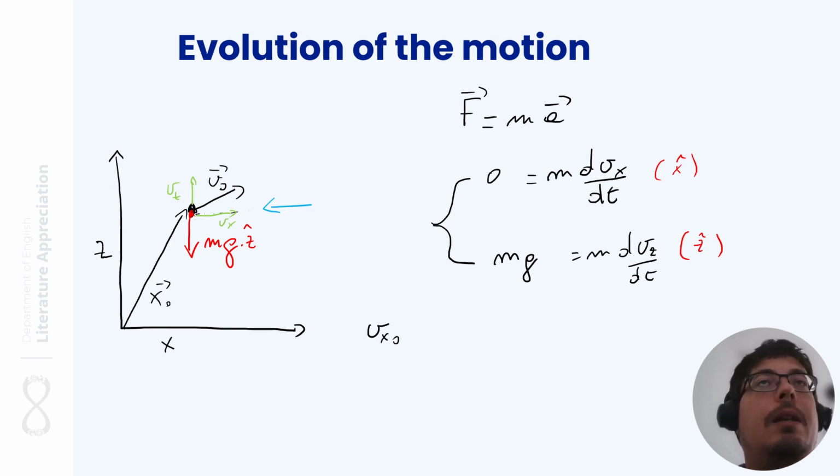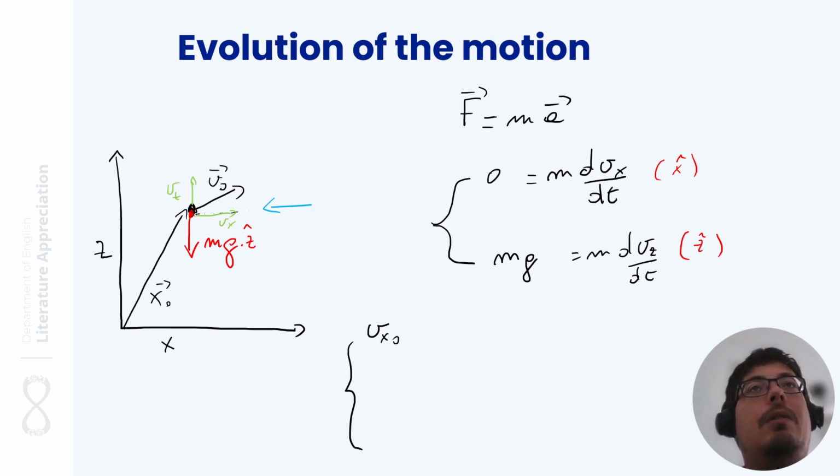As I said, if the derivative is 0, we can say the velocity is constant, equal to the initial velocity. So in the x direction, the motion is Vx0, and this is the solution. We could do the integral and solve the differential equation, but we can solve this one quite easily, so we don't need to do too much math for this.